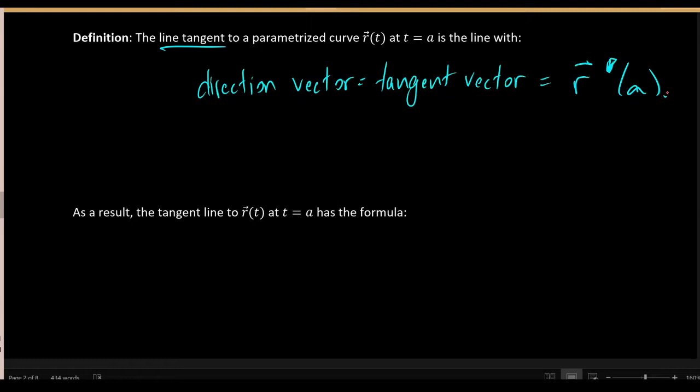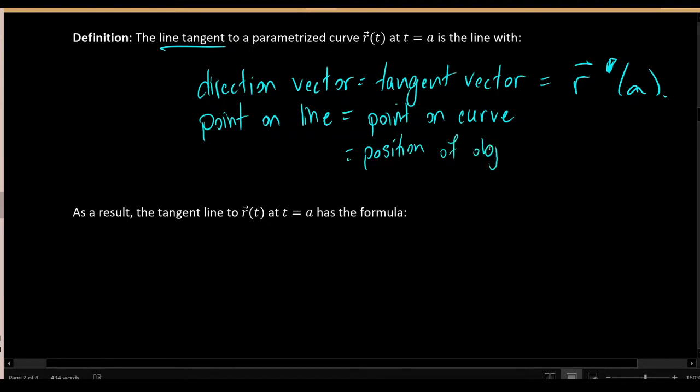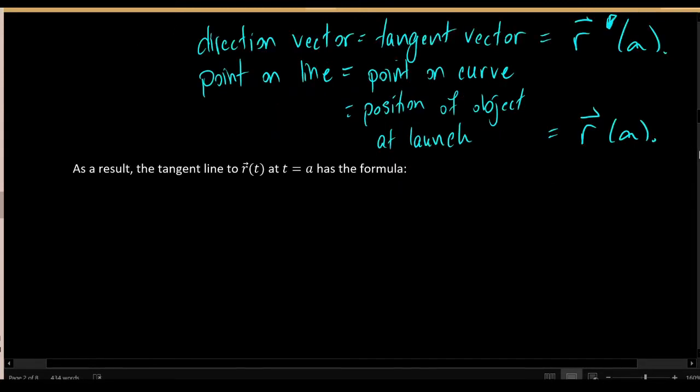So the point contained on the line that we'll use for our parameterized line formula will be equal to the point on the curve at that time, the position of the object at the time of launch, which will be equal to the output of the original function with no primes, the original position function at time t equals a.